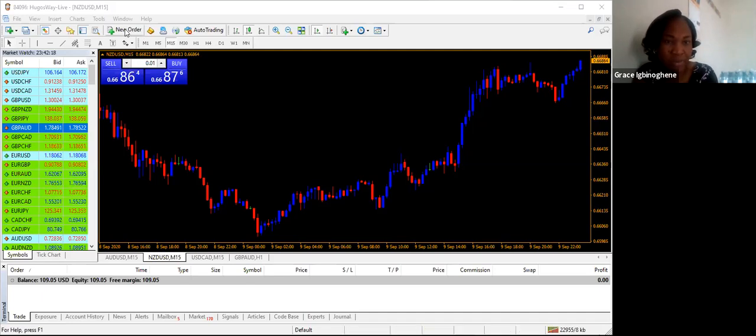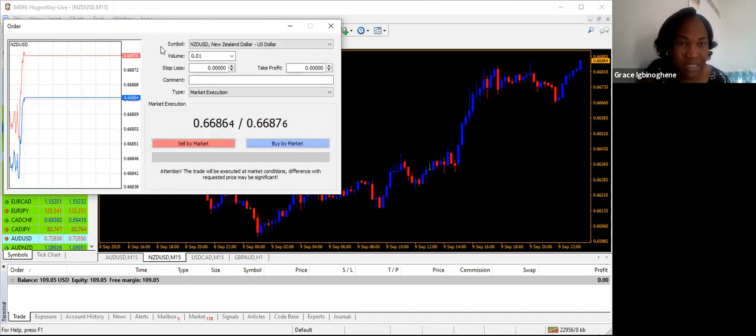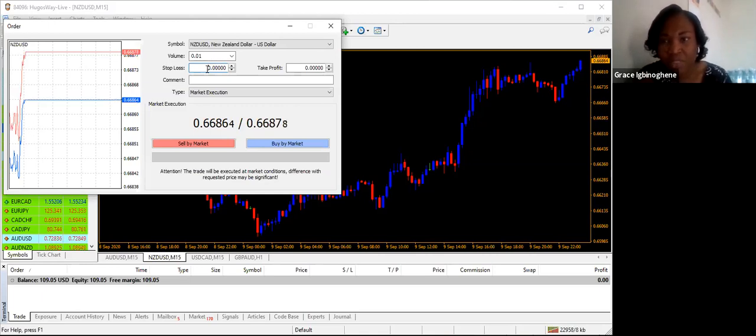I don't know whether it will work or not. I'll put the smallest lot in case it doesn't work. Now I put my stop loss. This market has gone far, so I want to put my stop loss still at that point, 0.6666.